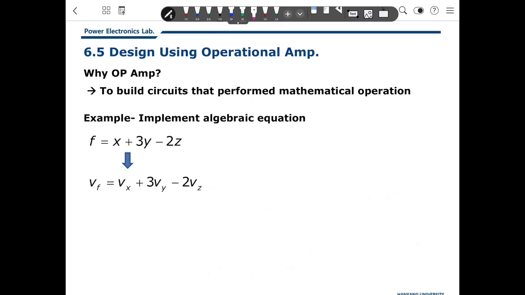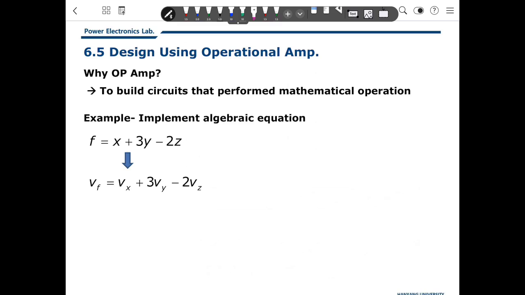Here we continue to discuss the op-amp. We have several very conventional and useful op-amp designs. At first, why do we call the op-amp an op-amp?